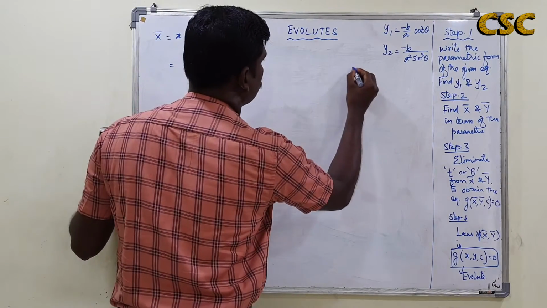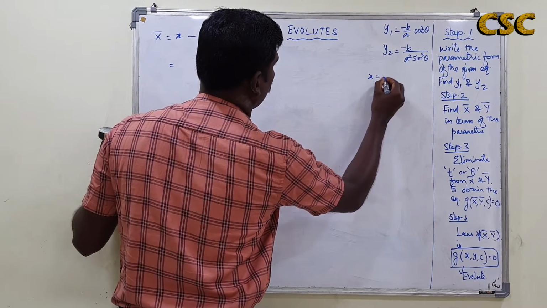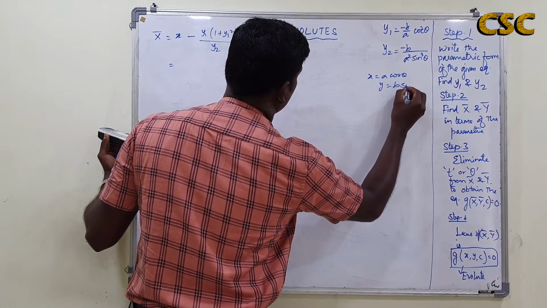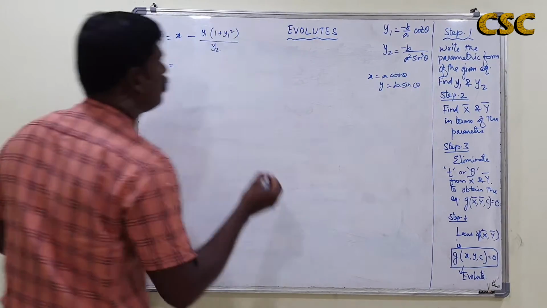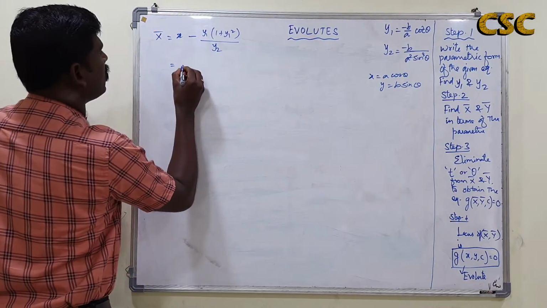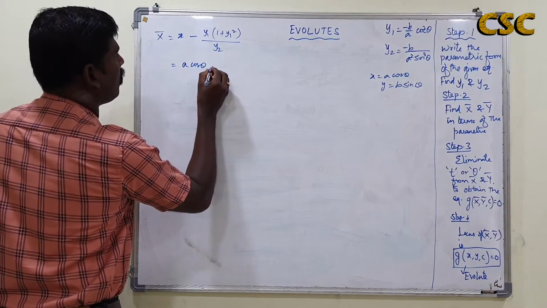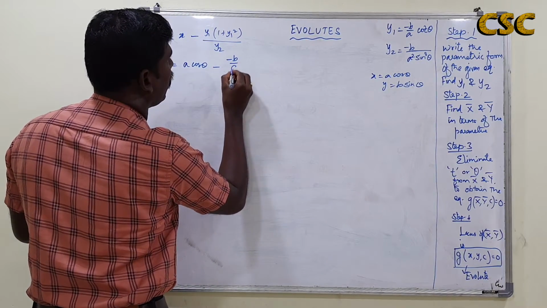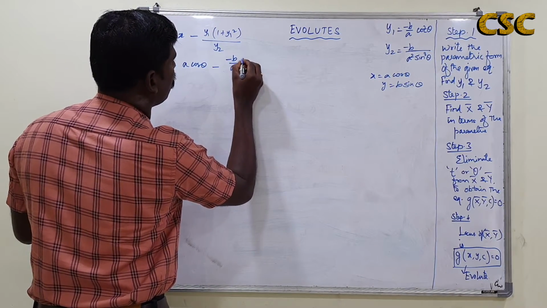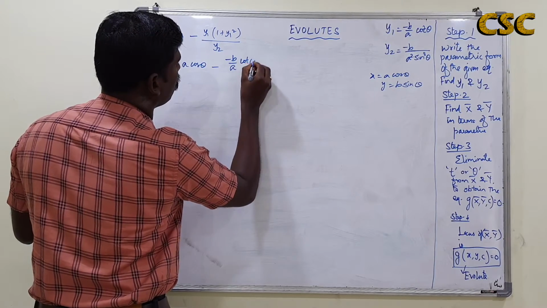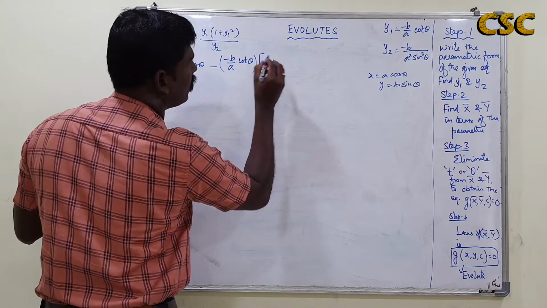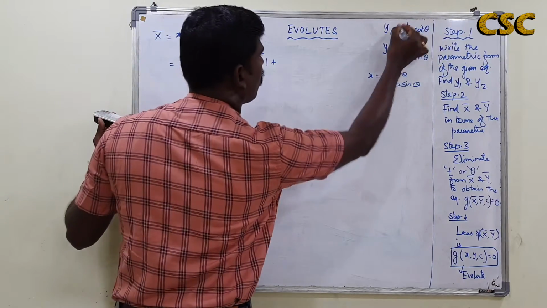The parametric form is x equal to a cos theta and y is equal to b sin theta. So x equals a cos theta, minus what is y1? Minus b by a cot theta, into 1 plus y1 square of this value.